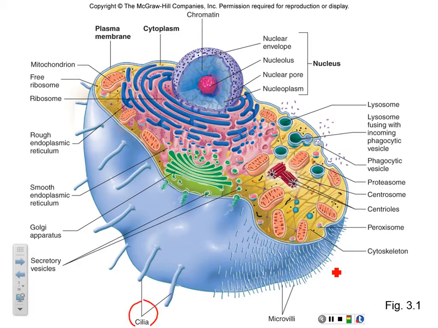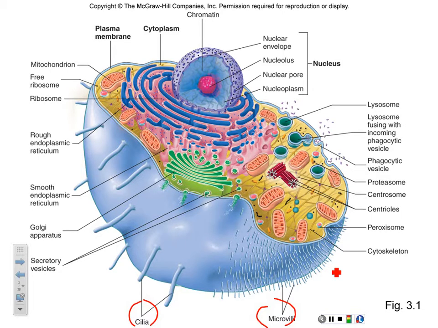What's the difference between cilia and microvilli in terms of function? Microvilli increases the surface area. All right, and cilia, what does cilia do? On top of the cell membrane, yes, such as in the respiratory system.